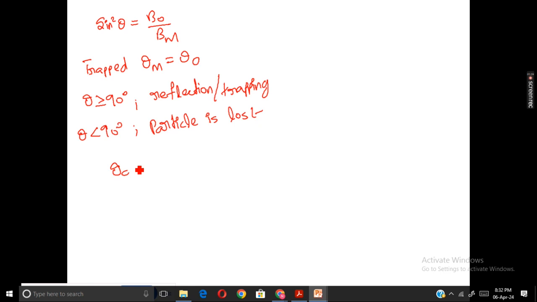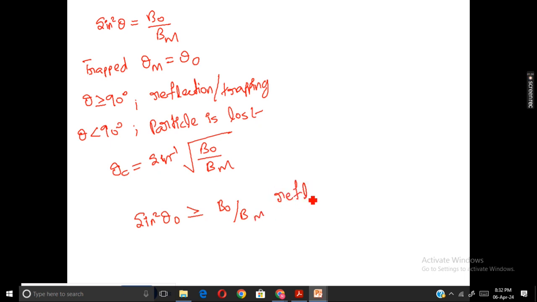That theta critical is given by sine inverse root of B 0 by B m. When sine square theta 0 is greater than or equal to B 0 by B m, there is reflection, and when it is less than B 0 by B m, it is lost. So these are the basic conditions for the particle to be trapped within the magnetic field.